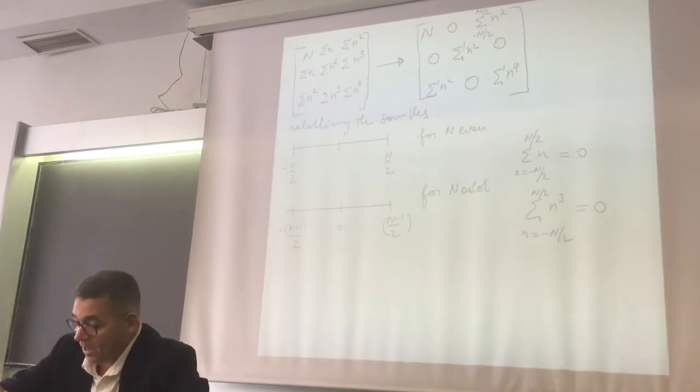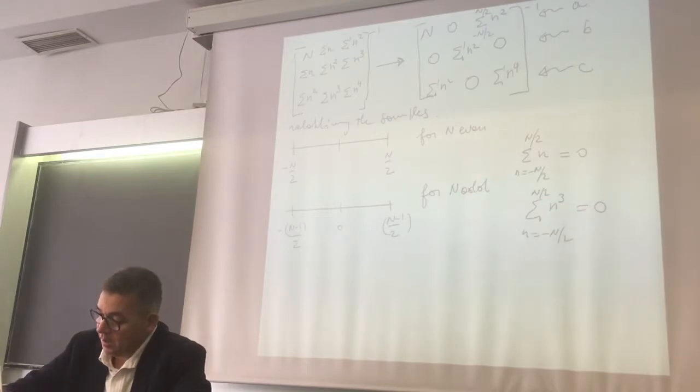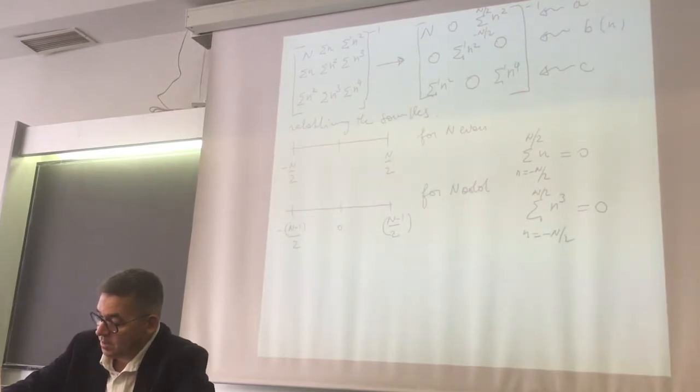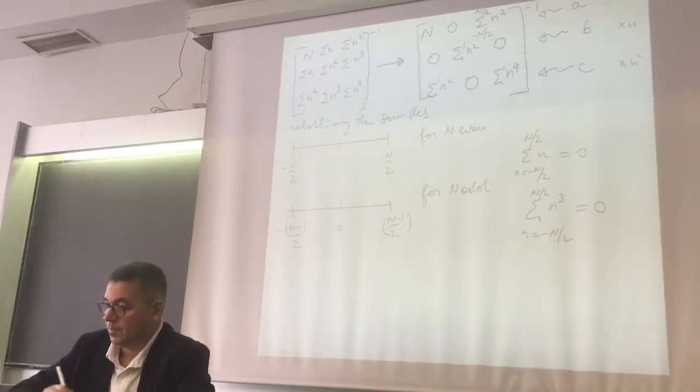So now I remember what was the parameter. This one is the parameter A, that one is for the parameter B, and this one is for the parameter C. A is a constant, B is the one that is multiplied by n, and C is the one multiplied by n squared.